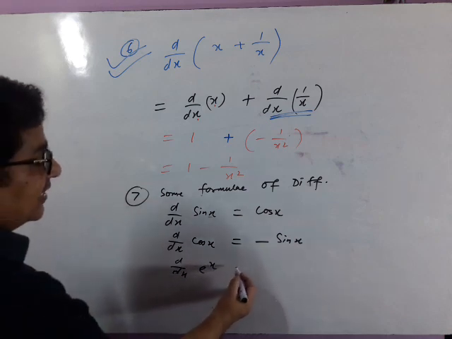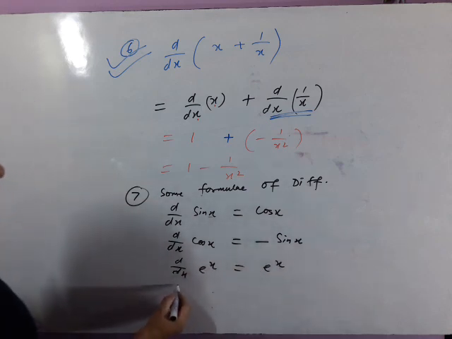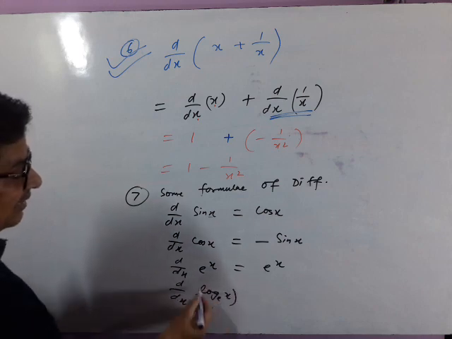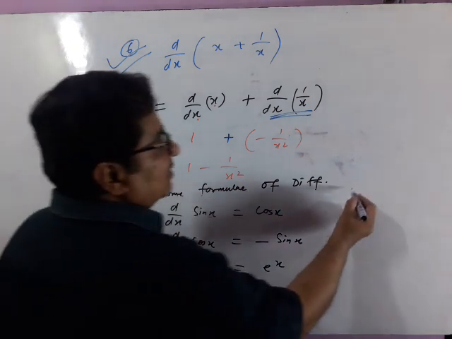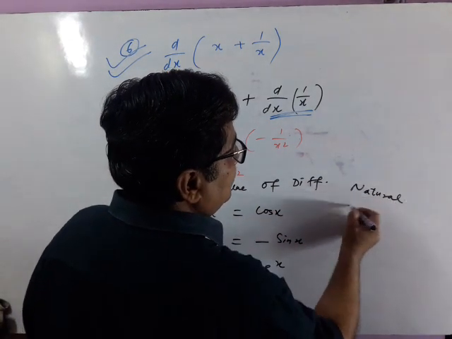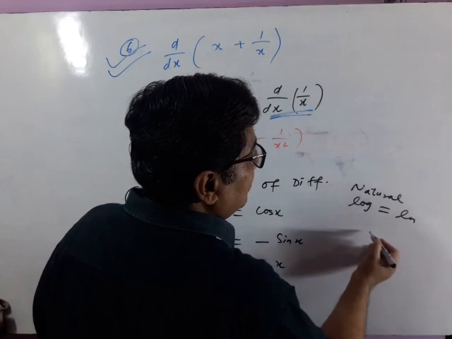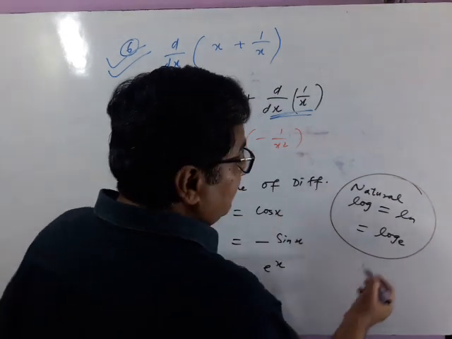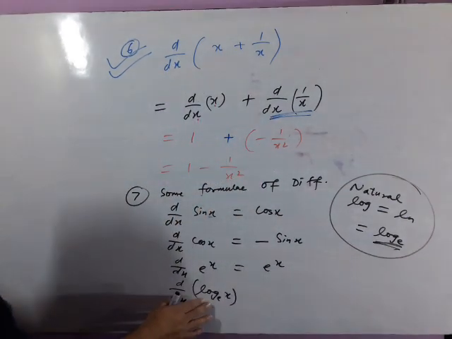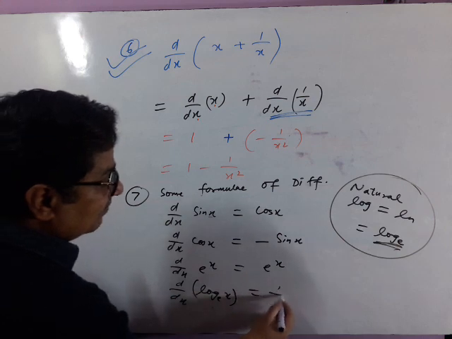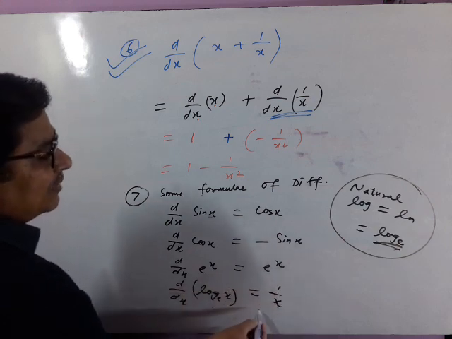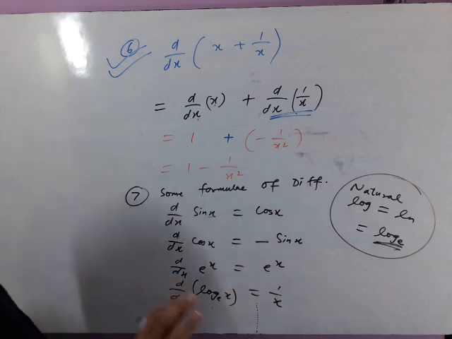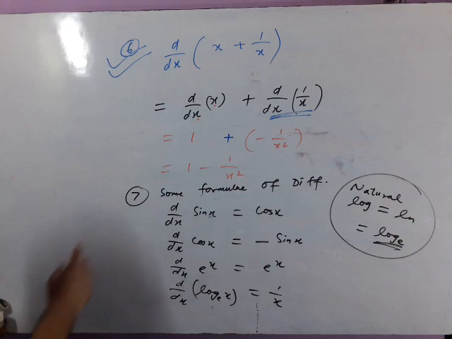Differentiation of exponential e raised to the power x remains e raised to the power x. Differentiation of log to the base e of x, that is called natural log, remember, it is called ln or log to the base e. In integration and differentiation, we use this. Differentiation of log to the base e of x is 1 by x. There are so many formulas of differentiation in maths, but whatever we require, we learn only that in physics.